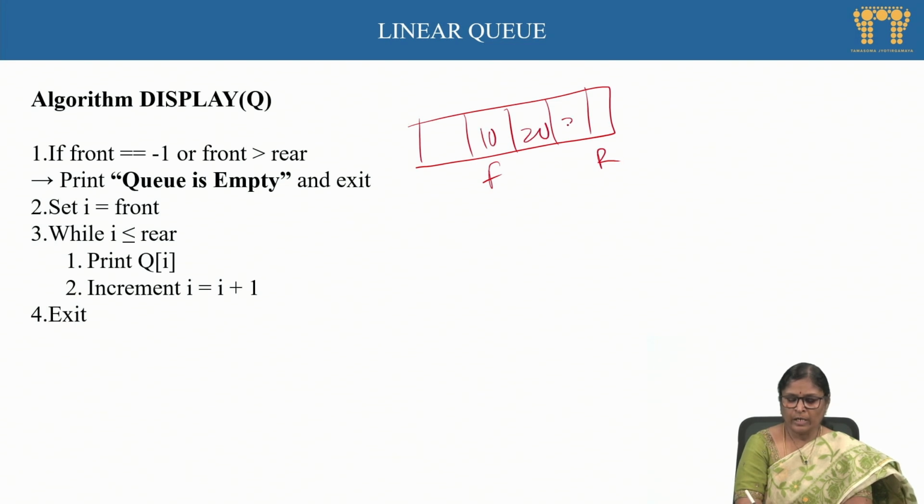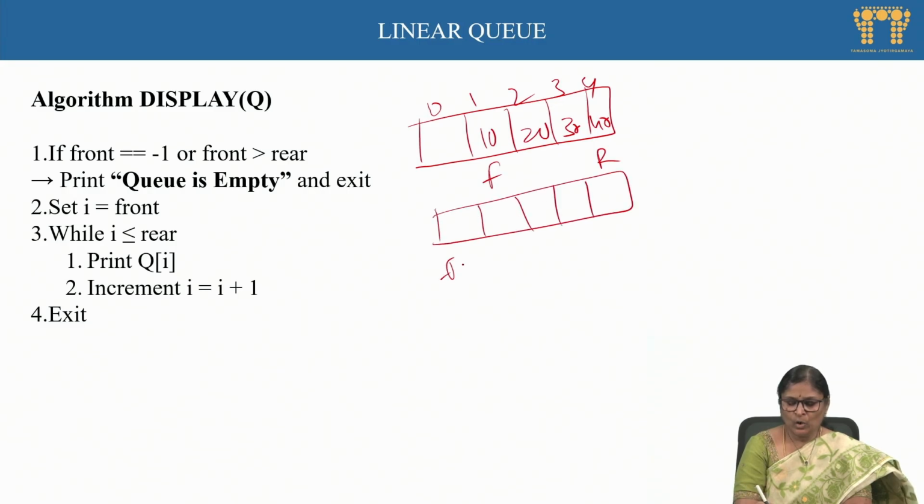So 10, 20, 30, 40 is suppose the current status of your linear queue. So whenever you want to display the content, first check whether your queue is empty. When the queue will be empty, again what is the empty condition? Either F equal to minus 1 or else F is greater than R.